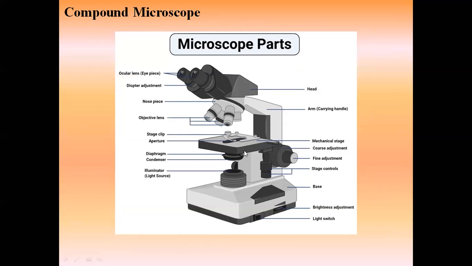In the introduction class for your microscope, I told you that the sample stage, where the sample is kept, can also be moved. To move this stage left or right, or forward and backward, these two knobs are there. That is your stage controls.